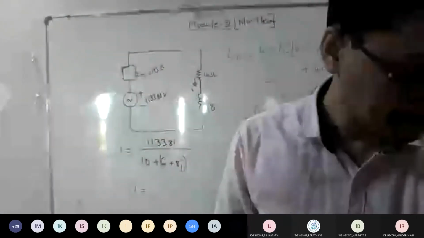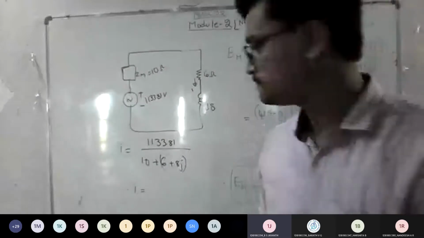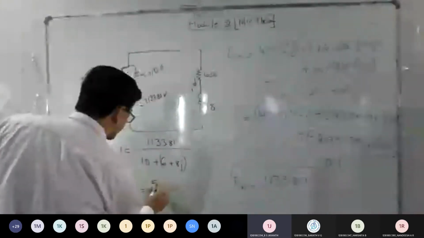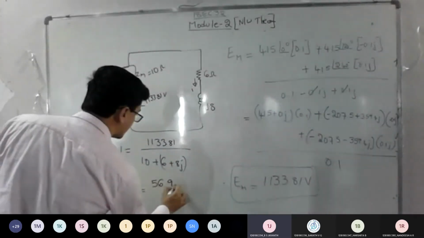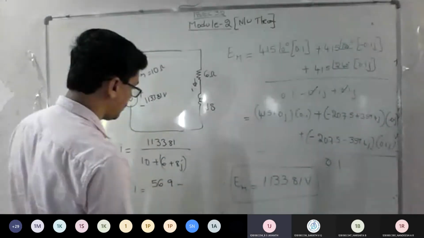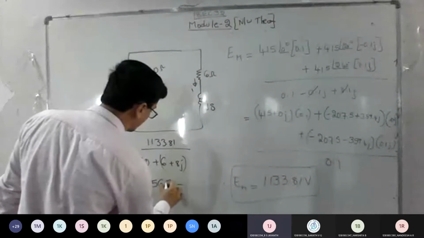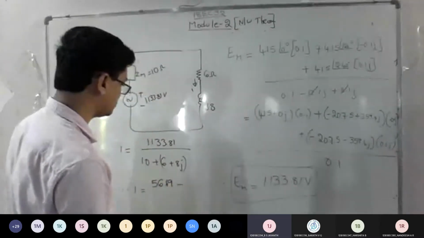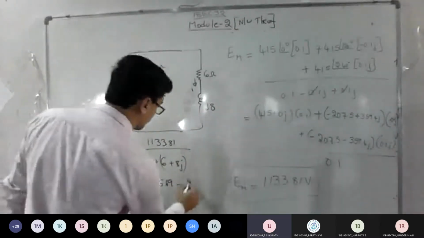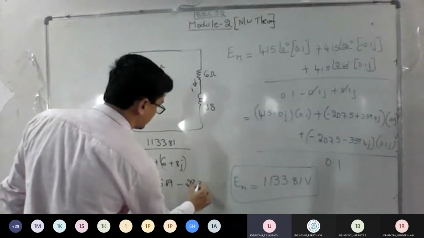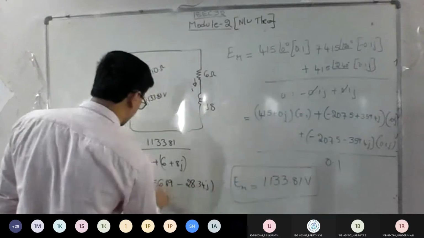How much here? 56.69 minus 28.34j. Convert to polar and tell me.